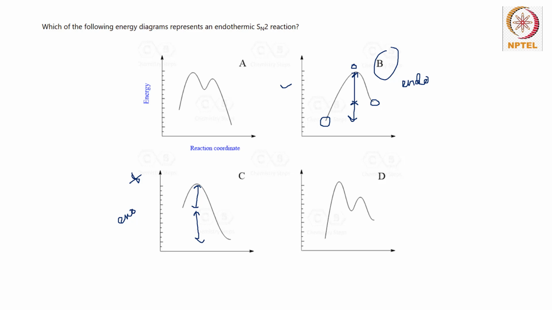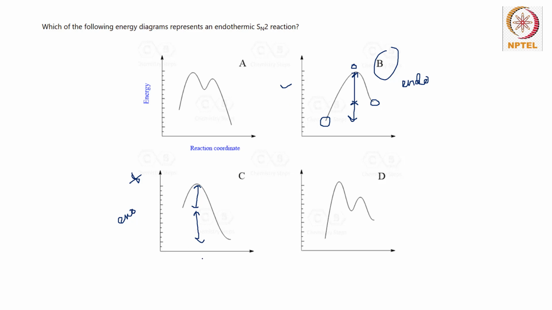Okay, I hope it's clear. When we need to give energy to the substrate to get to the activation state, then it is endothermic, because it's taking energy or taking heat. But when we get energy from the reaction, that is the exothermic reaction.